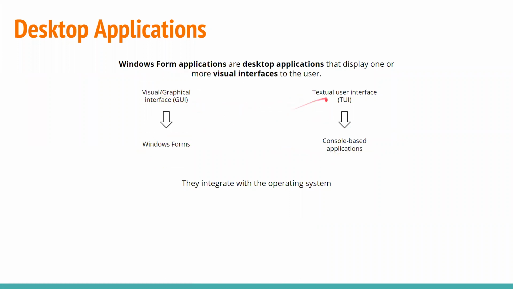Can someone give me maybe an idea as to what the last type would be? So there is a third kind of desktop application. It doesn't have a visual interface and it doesn't have a textual interface. What's left, guys? What's not included here? You might have to think a little bit outside of the box in order to answer this question.